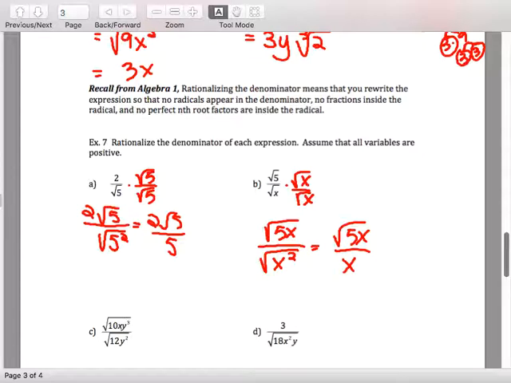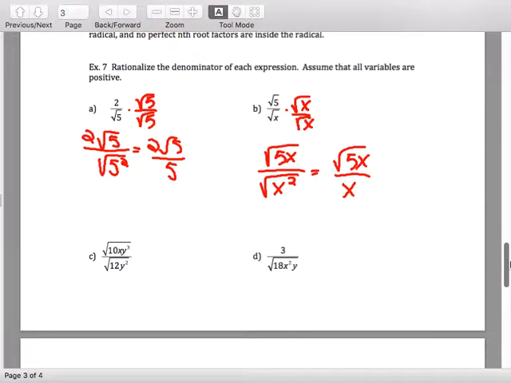Okay? I multiplied by square root x over square root x. So square root x times square root x is square root x squared. And do you remember on the marker boards? 2 divided by the root becomes 1, and it just comes out, just like we had been doing.